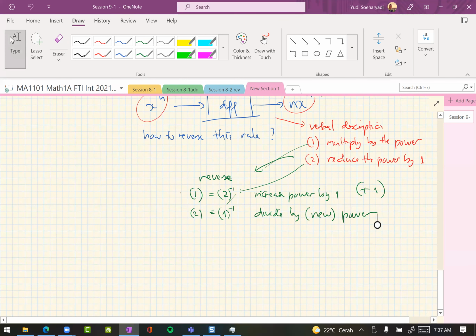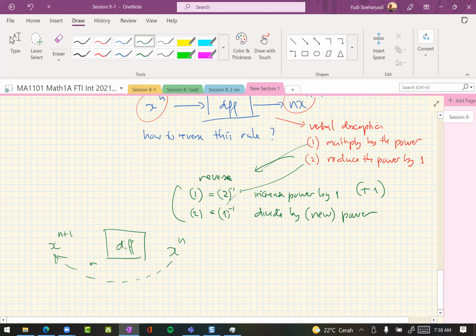So if you have x to the n from here and you would like to reverse the process, you would like to get this formula from this process.